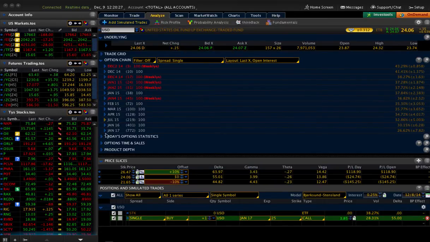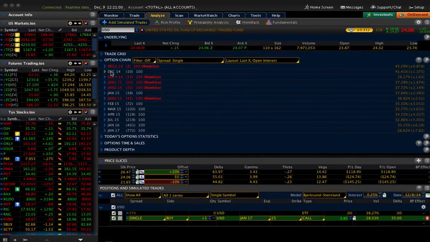If I'm buying the January 17, this is January 2017, at 26.6% volatility and then simultaneously selling something at 40 or 38% volatility, that's a good thing, because I have about a 10 to 12% volatility advantage. I'm buying something that has less premium, and I'm selling something with higher premium. So that skew, or spread between those volatilities, is going to give you an edge.